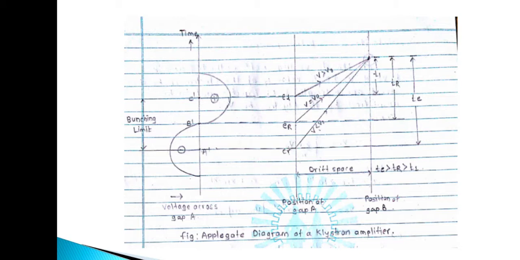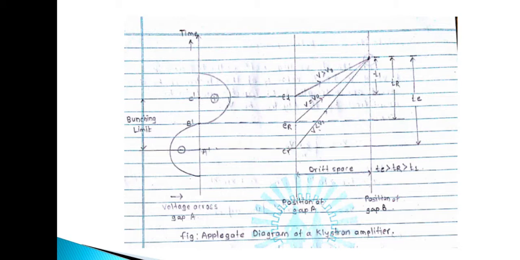As a result of these actions, the electrons in the bunching limit between points A and C gradually bunch together as they travel down the drift space from gap A to gap B.